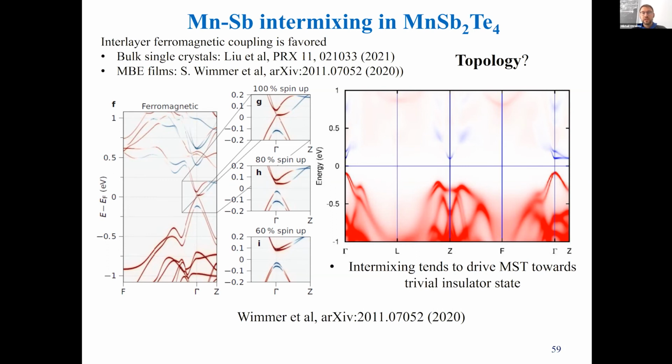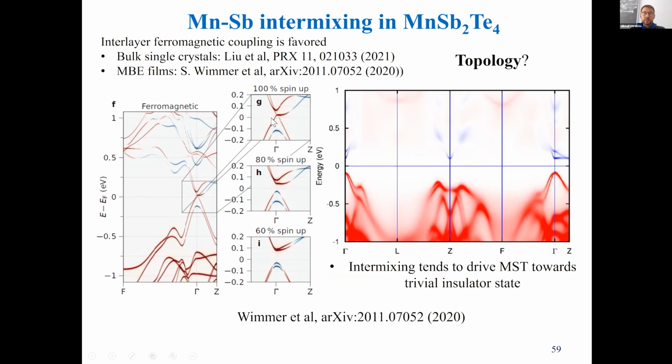So let us imagine that instead of a completely ferromagnetically polarized system, you have some parts of the sample that are coupled antiferromagnetically, where the septuples are coupled antiferromagnetically. So there you will immediately open the bulk bandgap, which will be inverted because you are basically moving from the ferromagnetic state towards the antiferromagnetic state, which is antiferromagnetic TI.